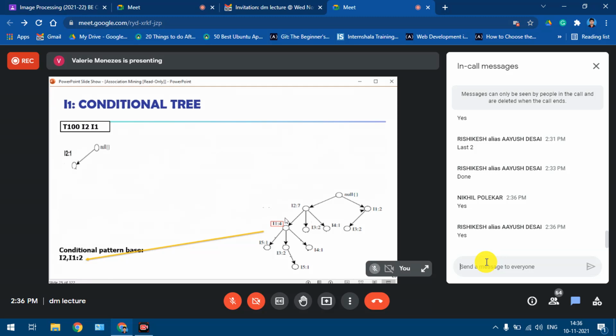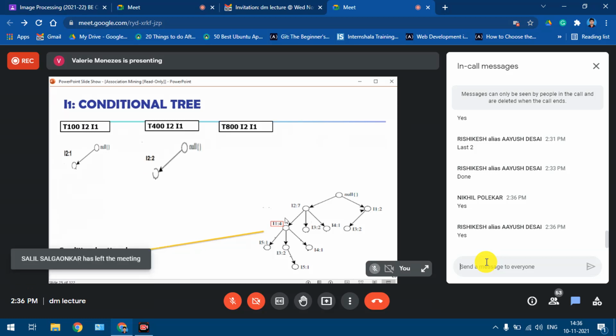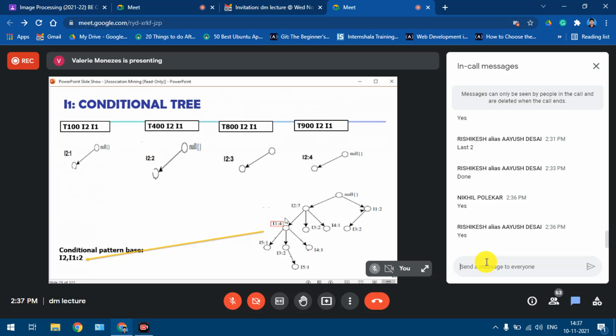Here we have I2, I1, so it is 1. Then I2, I1 again, so the count is updated to 2. I2, I1 for the next transaction, the count is updated to 3. And you have I2, I1 for the 9th transaction, the count is updated to 4. So here it's very simple. The branch is only one branch, I2. Support count is greater than 2, so the conditional FP tree is I2, 4.